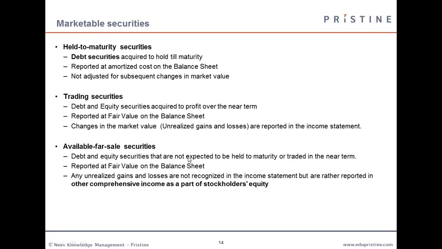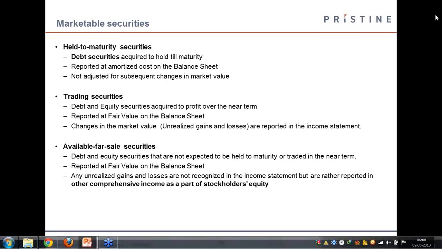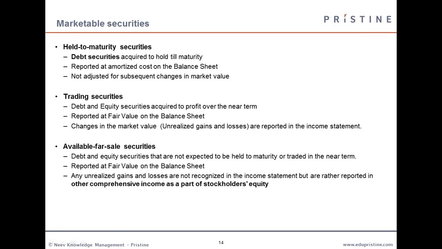The second class of marketable securities is trading securities, which are acquired to profit over the near term. Held to maturity securities are generally long-term securities held till maturity, whereas with trading securities you try to profit over the near term by selling when the price increases and buying when the price decreases. Overall, you try to make a profit by trading them, unlike held to maturity securities, which you hold till maturity.